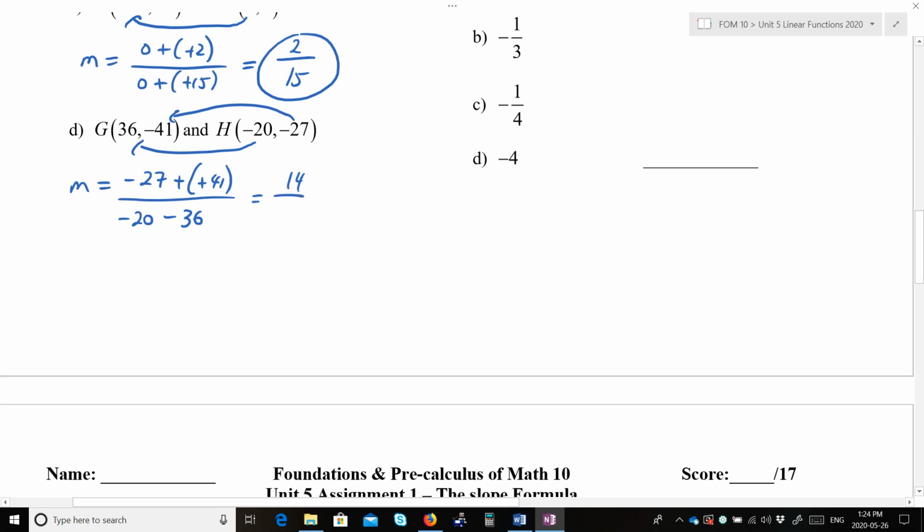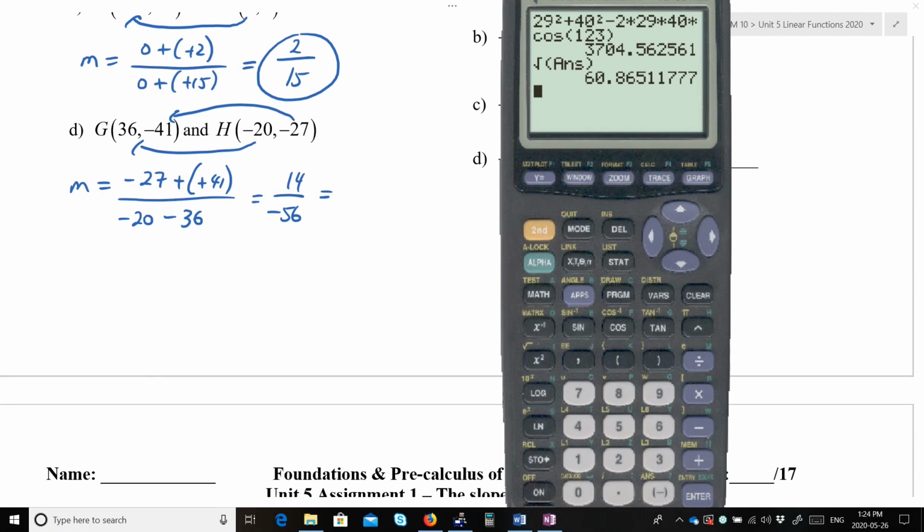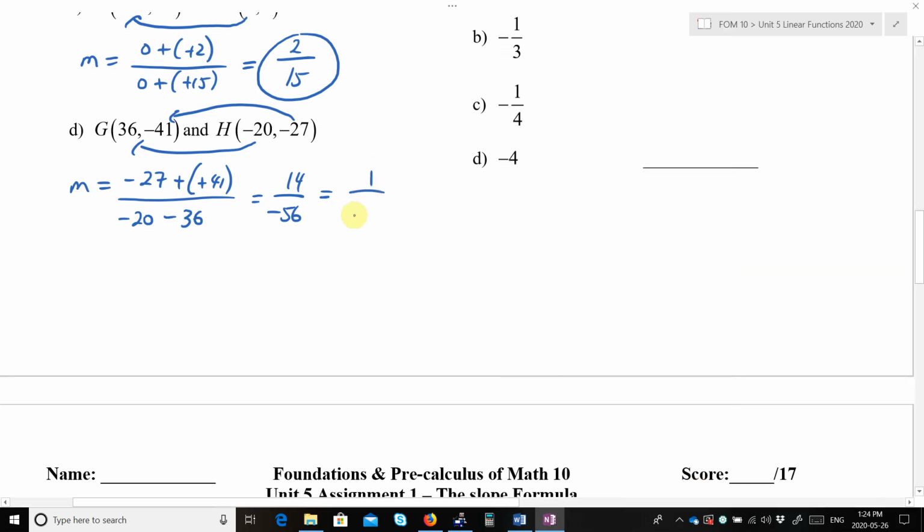And this is minus 56. 14 goes into 56, right? 56 divided by 14. 4, yeah. So 14 goes into itself once. 14 goes into 56 4 times, and it was a negative slope, so let's go negative like that.